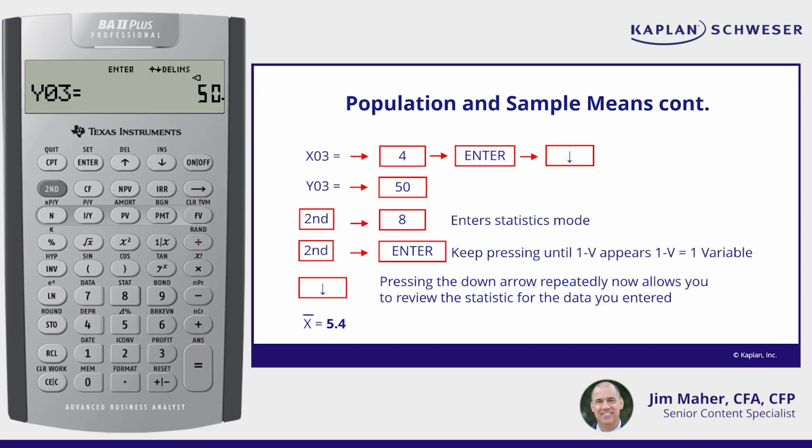Now we got to enter our second, and we're going to enter our stats mode. And now we're going to keep pressing that until we got to this point, 1-V or 1 dash V, all right? And now we have that for one variable here. And now we're going to simply press down again. And there's our number right there of 5.4. Now, look here real quick.